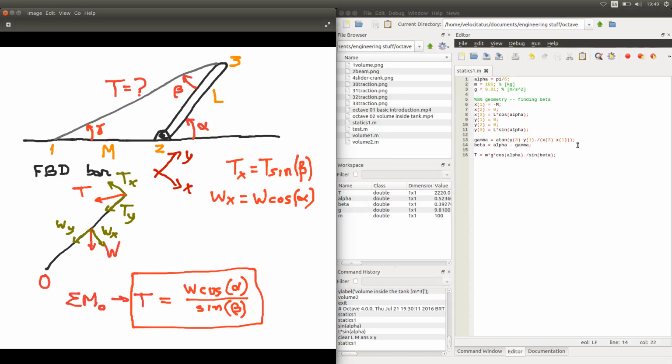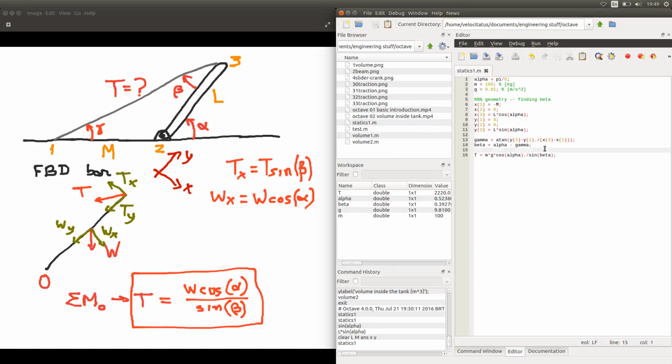And once we have our angles, we can go on to the actual statics part of our problem, which is finding the tension T with the equation we already have.